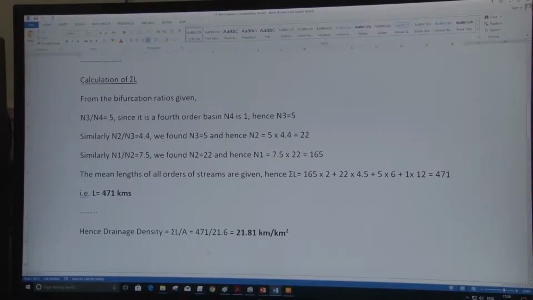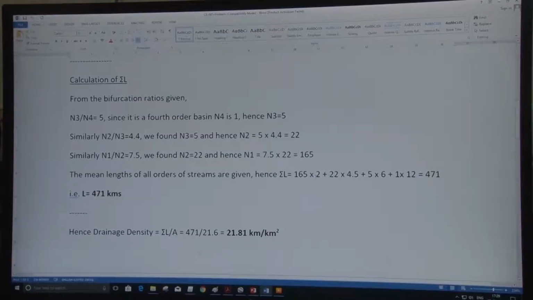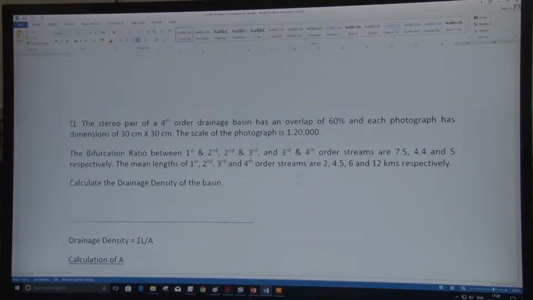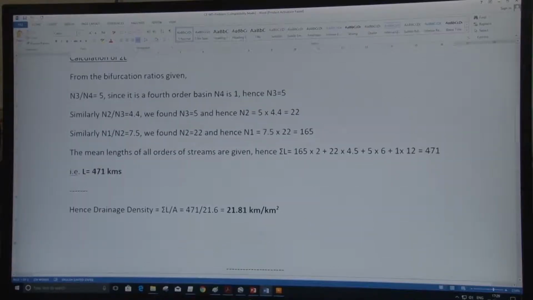Then you can calculate the total length of these streams. You have considered that the mean length of the streams in the first order is 2 centimeter, so you multiply it by the total number of streams in the first order.